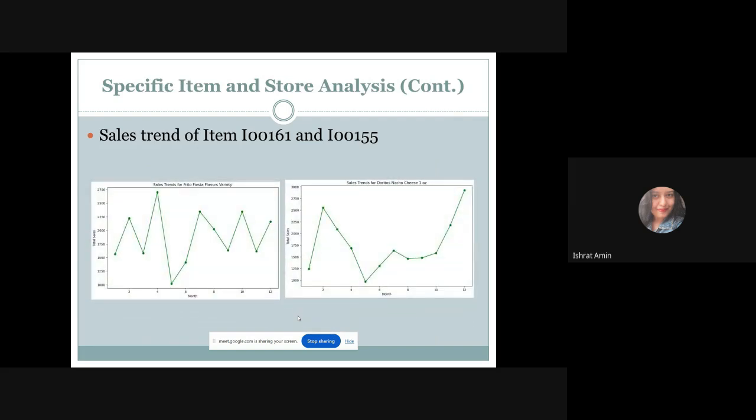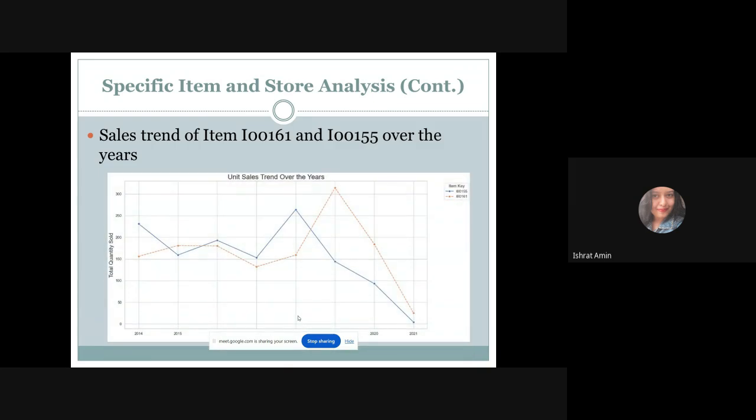This is the overall sales trend for these 2 items, and there is a certain point that looks similar in the 5th month, May, where the sales significantly drop and then increase toward the end of the year. Here is the sales trend across multiple sales years. Overall the sales trend is going downward, which needs to be monitored, and the business needs to figure out the reason behind it.